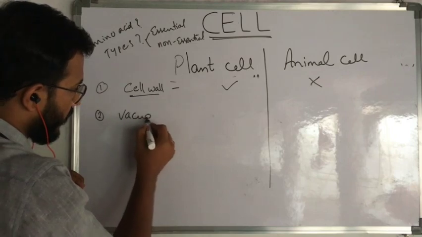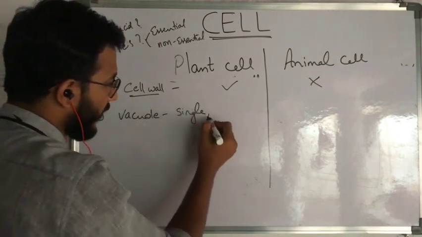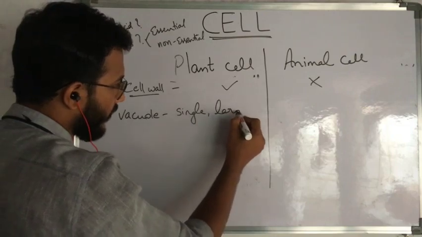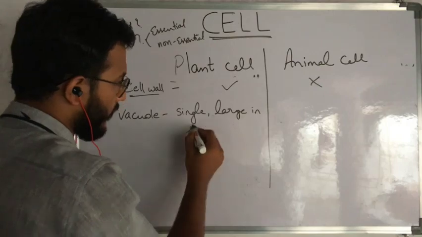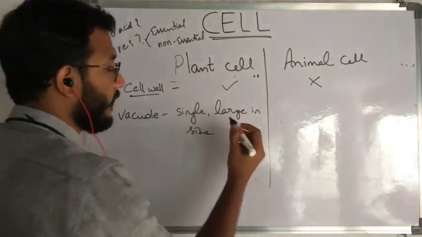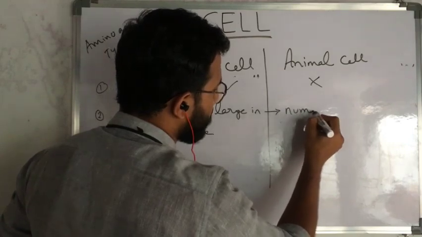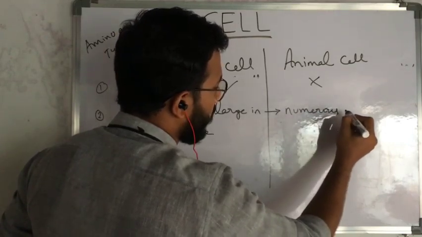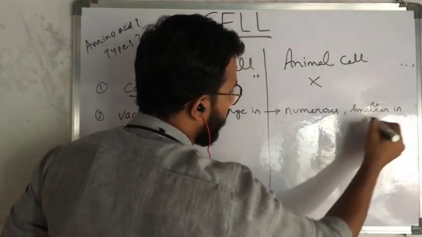And vacuole: a single vacuole, large in size. And here, numerous vacuoles and smaller in size.